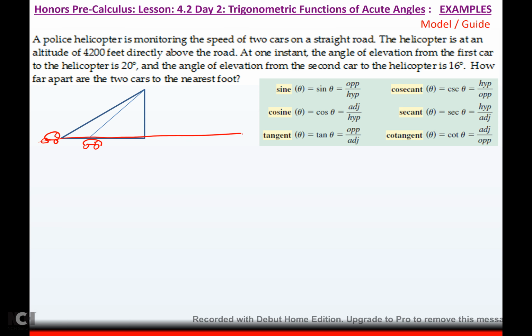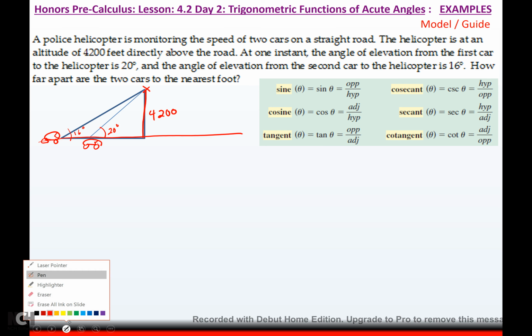If this is a road, directly above, this would be where my helicopter is, and that's 4,200 feet off the ground. At one instant, the angle of elevation from the first car to the helicopter is 20 degrees. Oh, sorry. Here's my first car, so that's going to be 20 degrees. And it says the angle of elevation from the second car to the helicopter is 16 degrees. How far apart are the 2 cars to the nearest foot?